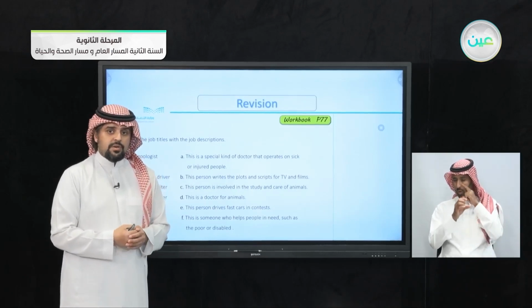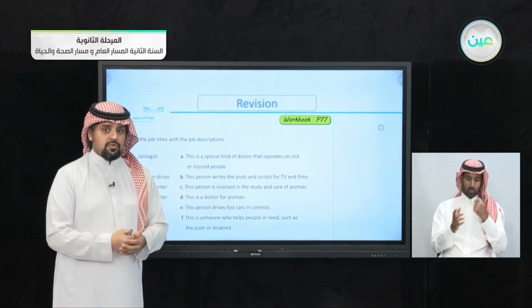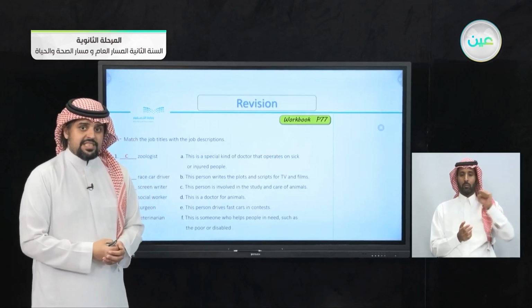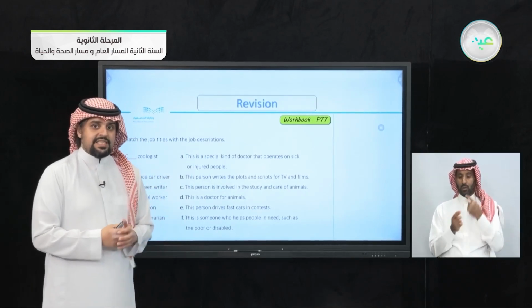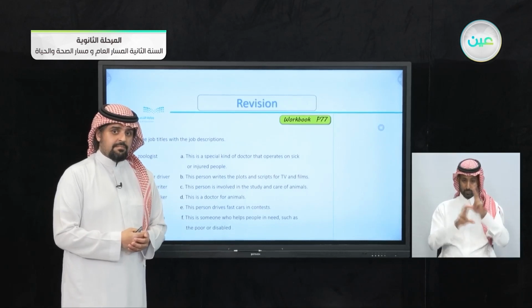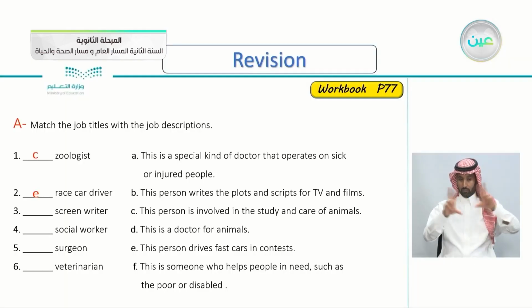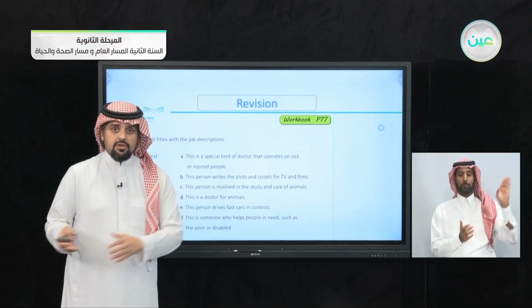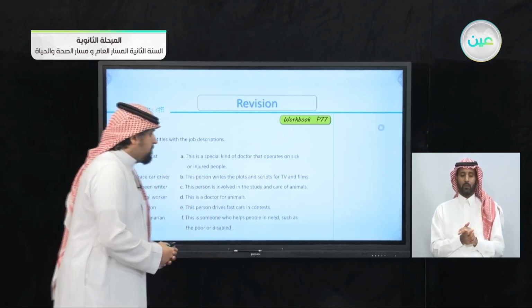So what does a screenwriter do? He writes something. What is it? Can you guess? Okay, let's see the answer here together. It's letter B. This person writes the plots and scripts for TV and film. So a screenwriter, he writes the story, the plot or the script for a TV series or even a movie.